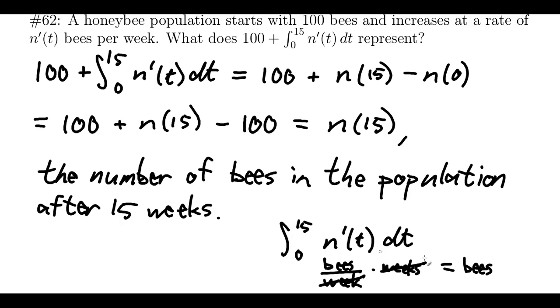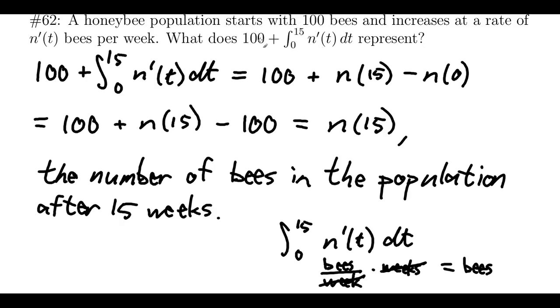And we have a sum of numbers of bees. n prime of t was the rate of change in the population in bees per week. So this would be adding up the actual change, not the rate of change, but the actual change in bees from 0 to 15 weeks. So this integral is the amount of increase of bees in the population from the starting point to 15 weeks. This 100 represents how many bees we start with.